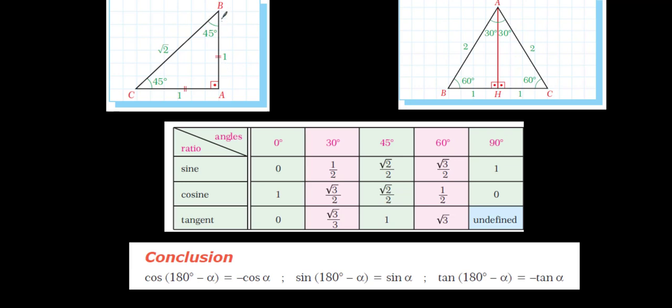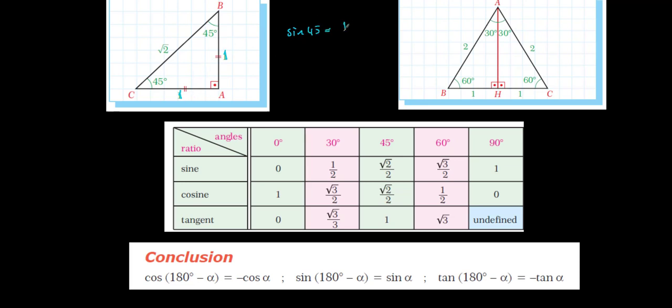So, you know, for the angle 45 degrees, in the right triangle, 45 and 45 it should be, which is an isosceles right triangle. If the side is 1 or 2, whatever it is, then the hypotenuse should be equal to root 2. So sine 45 is going to be equal to 1 over root 2.